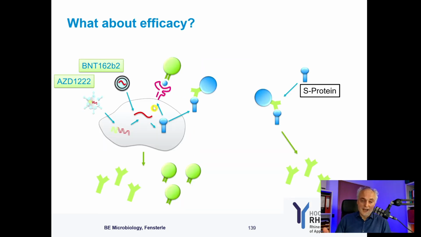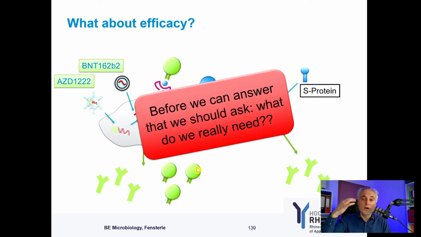So, and now if we ask ourselves about efficacy, so this is the Biontech vaccine, the AstraZeneca vaccine, and we could say, well, a protein vaccine doesn't work so well because it only produces antibodies and the others produce also the cells. So the question is, what do you actually need?